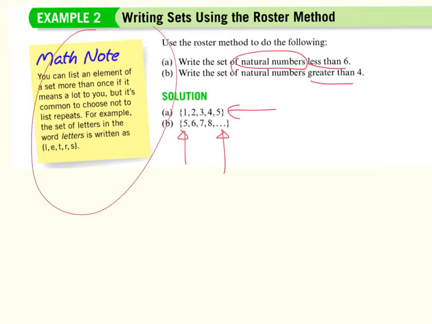Take a minute to read the math note quickly. It says that you can list an element of a set more than once, but it's common to choose not to list repeats. For example, the set of letters in the word LETTERS is written as L, E, T, R, S rather than L, E, T, T, E, R, S.